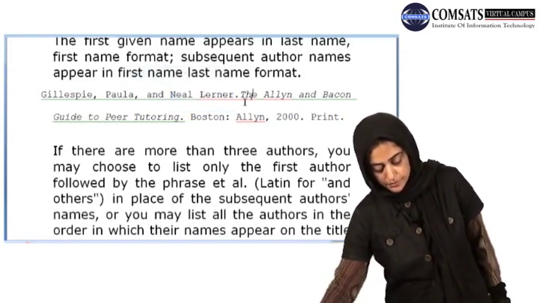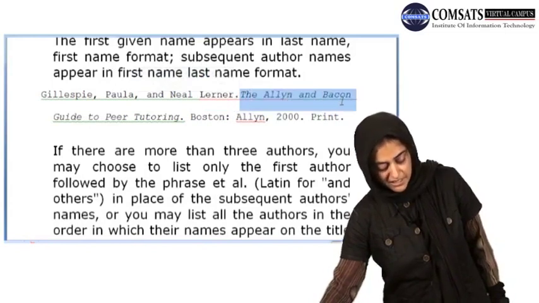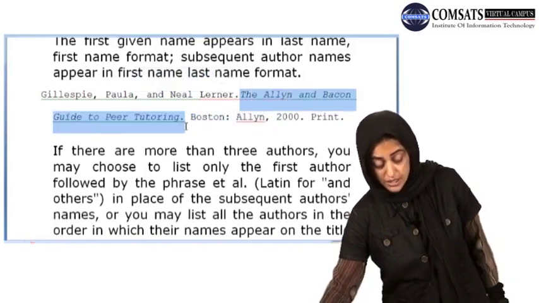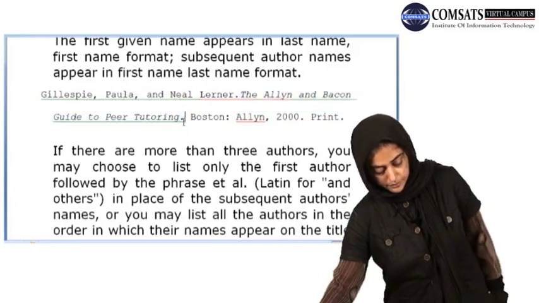Then, dear students, there is a dot. After that there should be the title of the book. It is italicized because it is a book, a larger, longer work. The Allyn and Bacon Guide to Peer Tutoring. Then a dot.